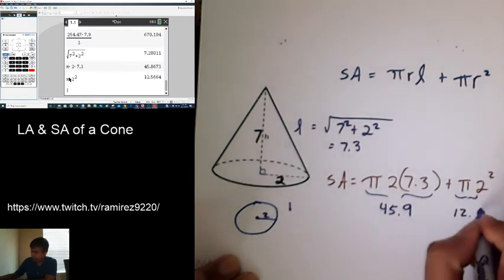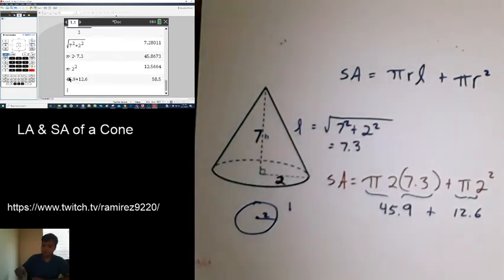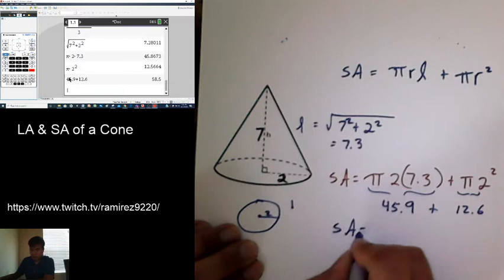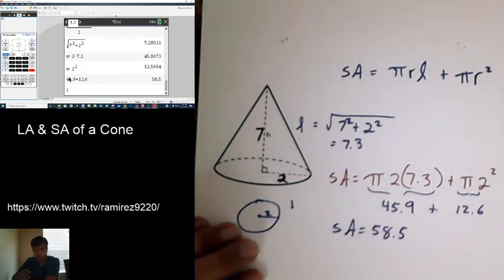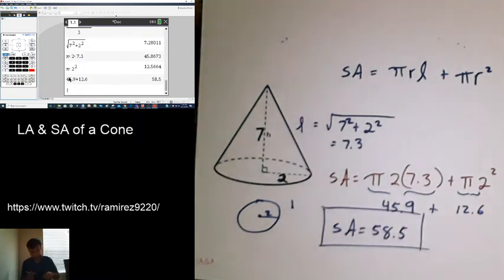Again, I'm just going to say it's 12.6. And you're adding them. 45.9 plus 12.6. And so we get that our surface area is 58.5. The units are going to be squared because we're talking about area. So if there were inches, it would be inches squared. But that's pretty much it.